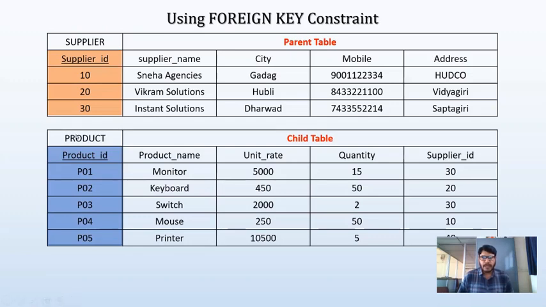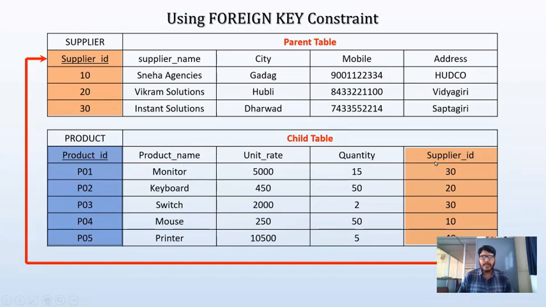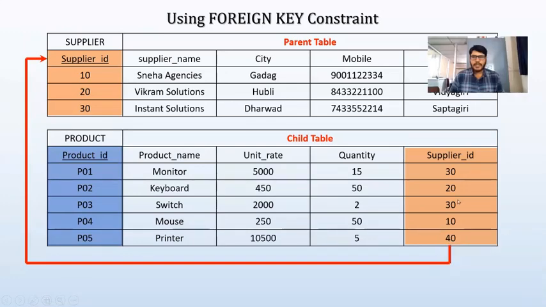And in the product table, I have included one more column, that is a foreign key, which is also supplier ID. And this supplier ID is going to refer to the parent table supplier ID. As you can see, I'm going to draw one line from supplier ID, the foreign key available in the child table called product.